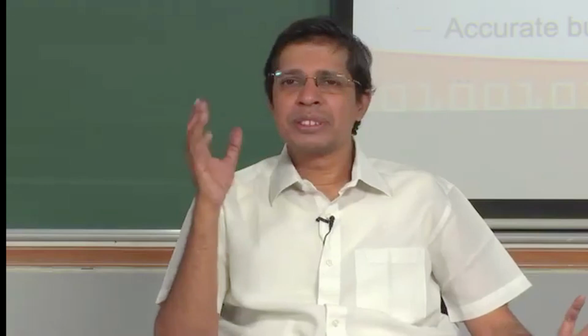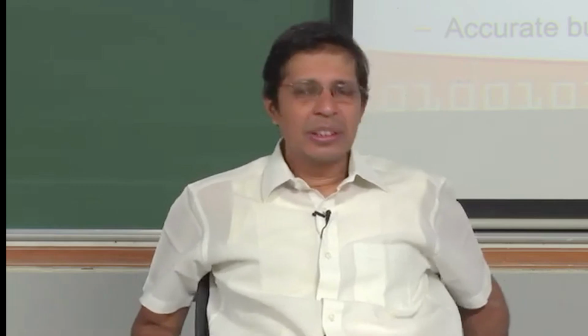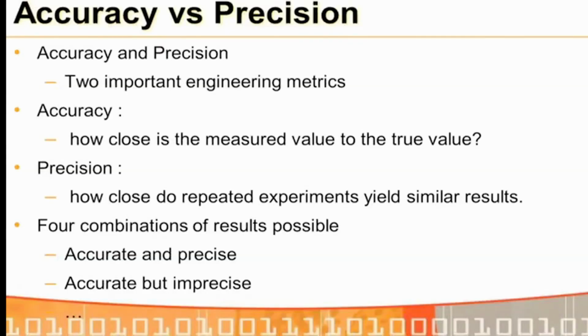Now let us start the lecture with what we understand by the term accuracy and the term precision. Accuracy and precision are two very important engineering metrics. What is accuracy? How close is the measured value to the true value? That is what we mean by accuracy. What do you mean by precision? We keep doing an experiment repeatedly. How close are the results?